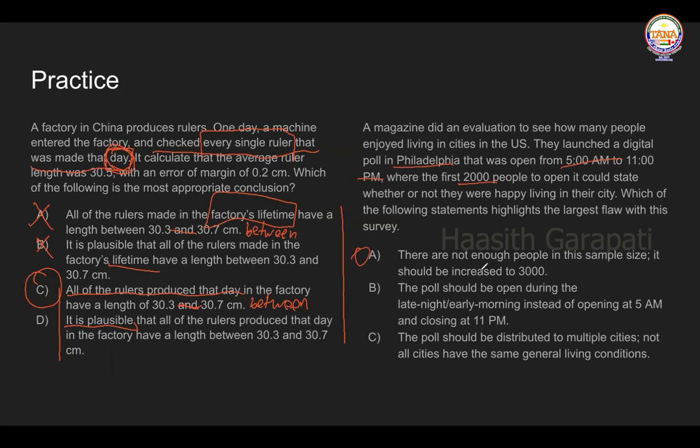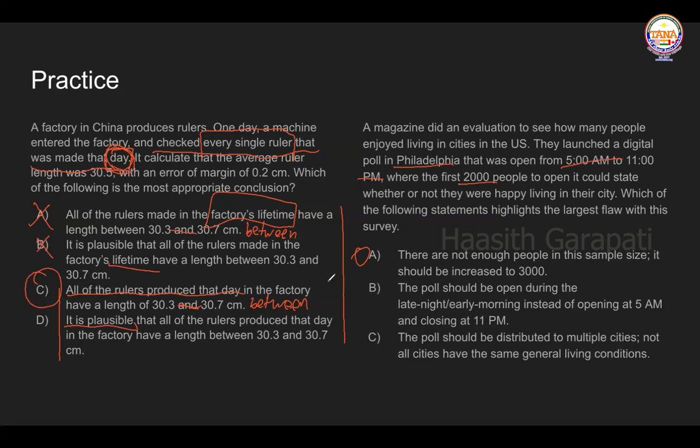B, the poll should be open during late night, early morning, instead of opening at 5 a.m. and closing at 11 p.m. Basically, they're saying the poll should have an even bigger time range so that people after 11 p.m. and people before 5 a.m. can answer the poll. Now, I know there's probably a whole bunch of night owls out there, maybe you're on your phone at 2 a.m. watching a show or whatever, but I don't think that people at that time would be answering polls or surveys.